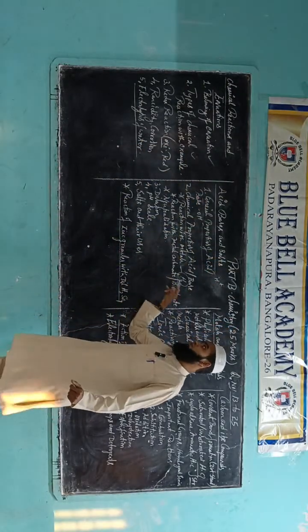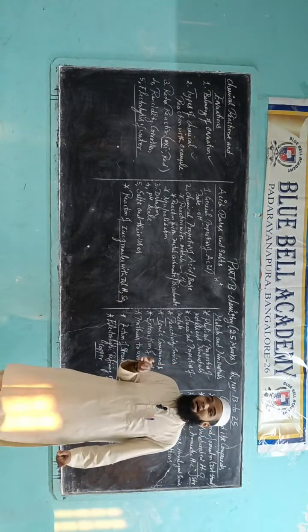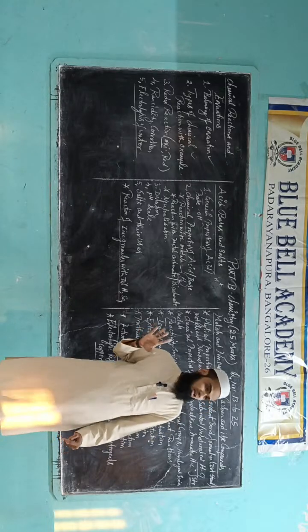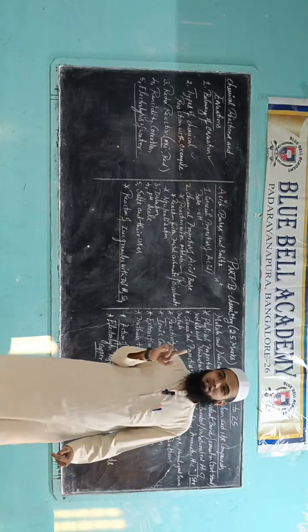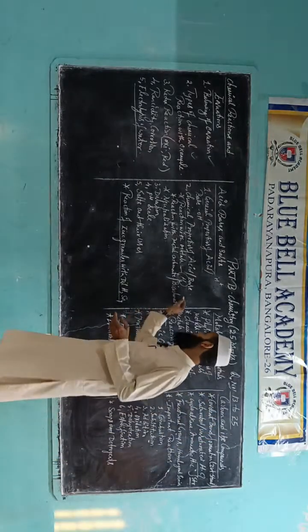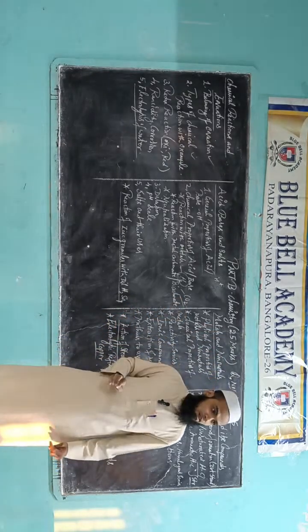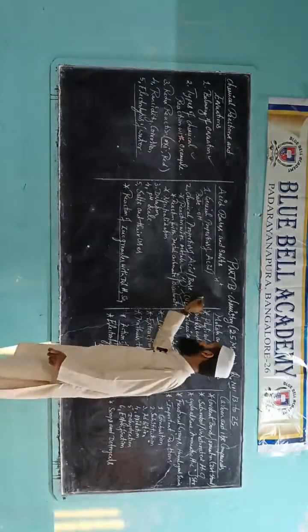Then the second chemical property is how acids react with metal carbonates and metal hydrogen carbonates. If the acid reacts with metal carbonate or metal hydrogen carbonate, which gas will be released? Carbon dioxide gas. And which is the confirmation test for carbon dioxide gas?